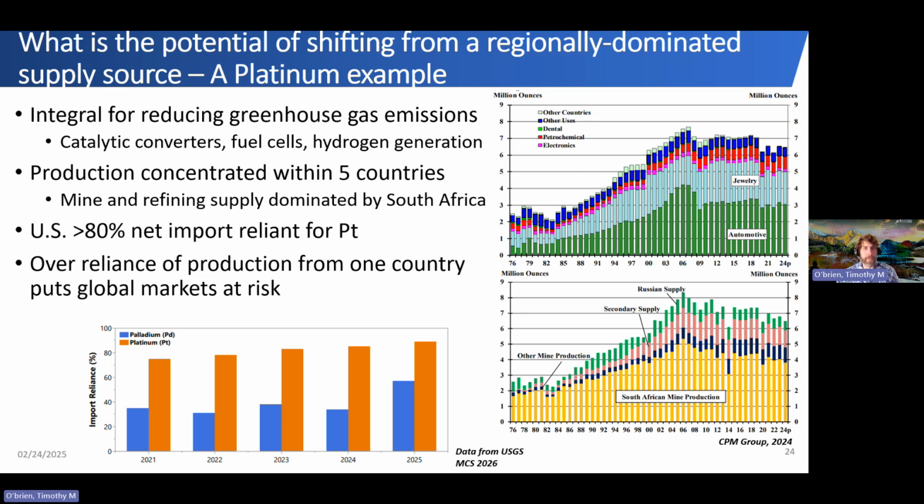We don't foresee any kind of potential problems of not obtaining our platinum supply from South Africa in the not too distant future. But that does put the global market at risk when you have too much reliance of production from just one country. And so what we want to see is whether there is a way that we could expand or diversify our supply of platinum from just one country.